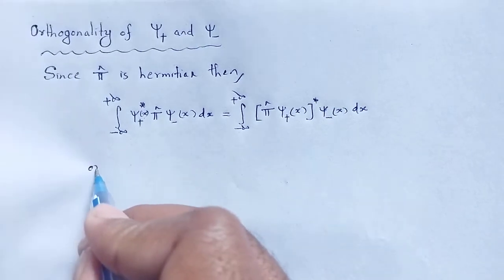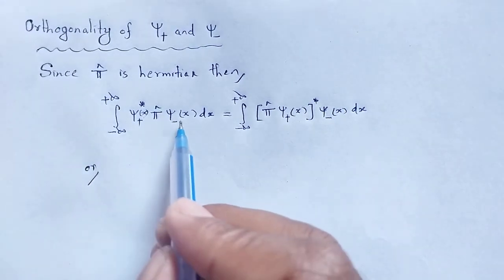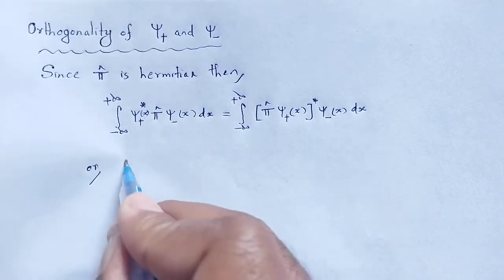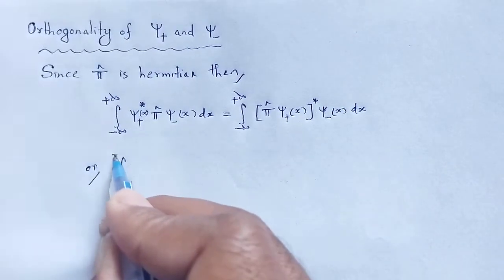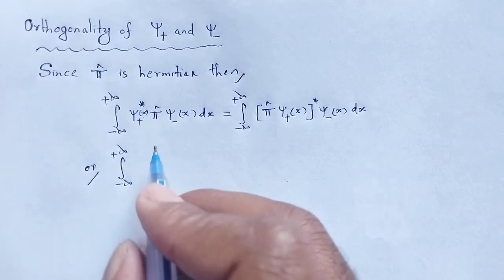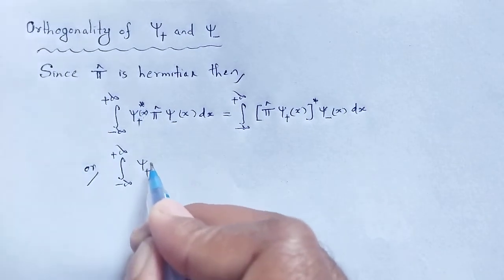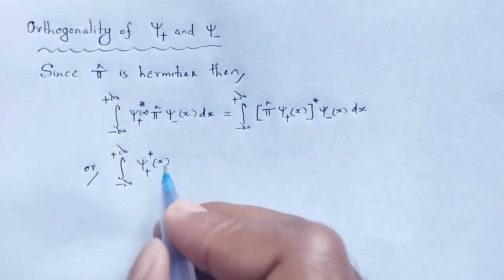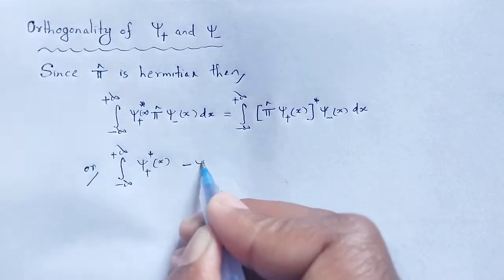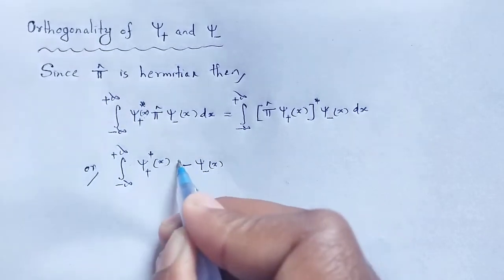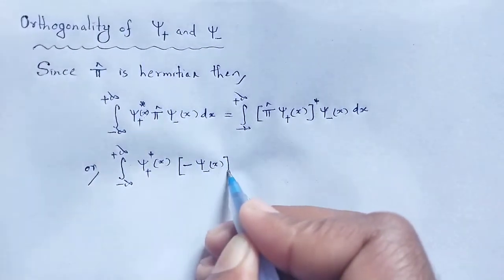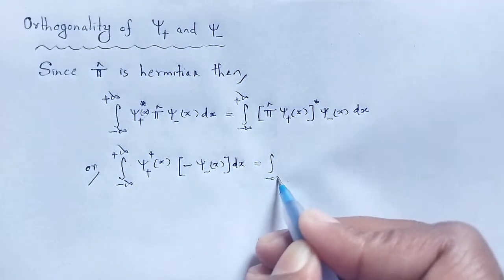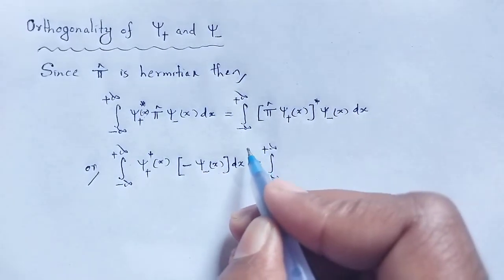Or when the parity operator operates over the wave function, it changes its sign, that is integration from minus infinity to plus infinity psi plus star x, and that value gives rise to minus psi minus x dx is equal to integration from minus infinity to plus infinity.